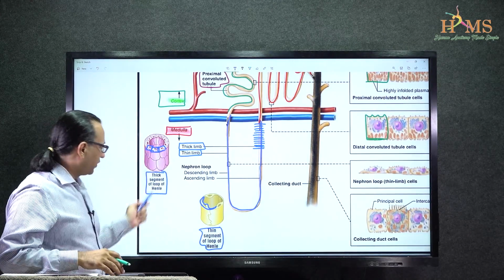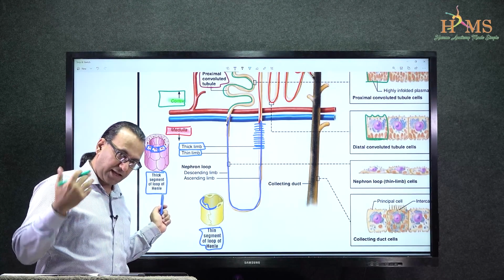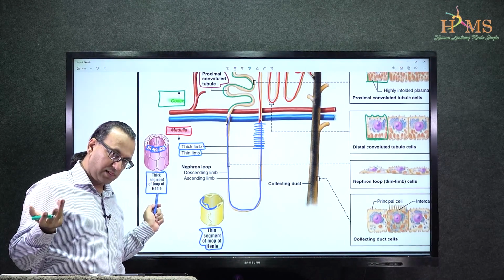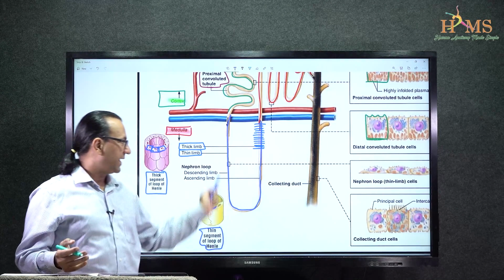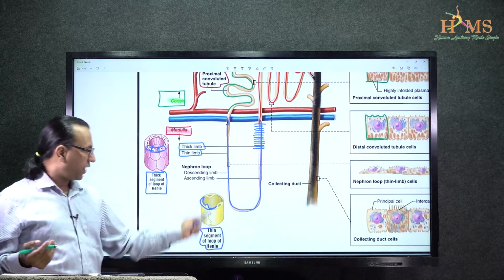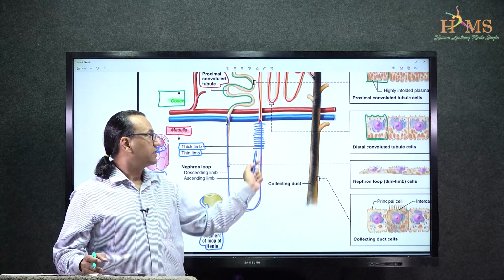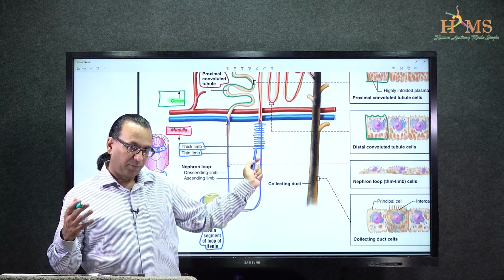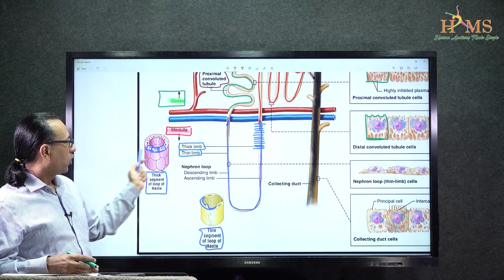So this is what we need to mention in the diagram, which we'll be drawing ourselves as well. That most of the loop of Henle is thin segment, so simple squamous, but a short portion is a thick portion of the loop of Henle, and there we can have low cuboidal epithelium.